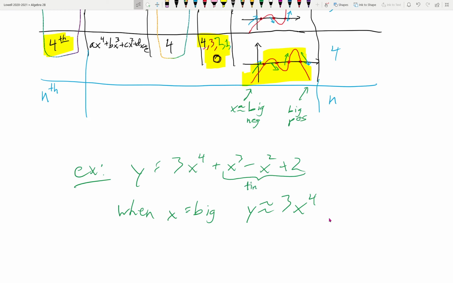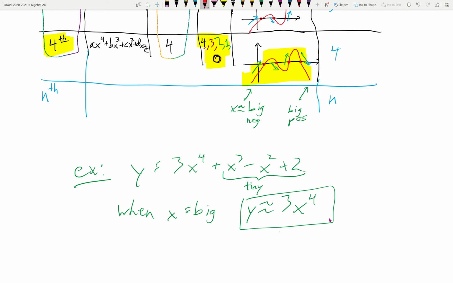They're relatively tiny. And notice that if this is really the most significant piece of the function, whether x is positive or negative, these values, when they get raised to the fourth power, will be positive anyway.